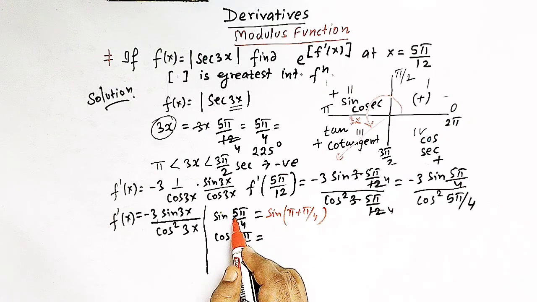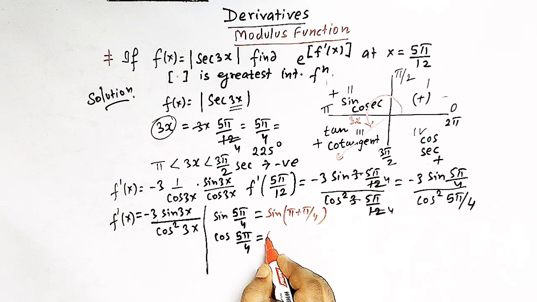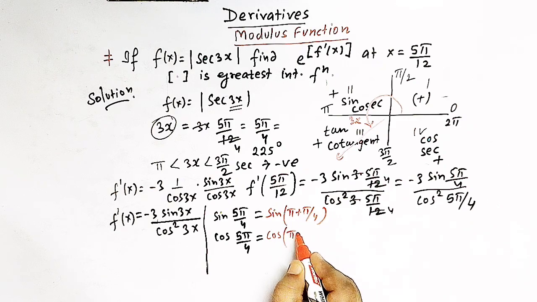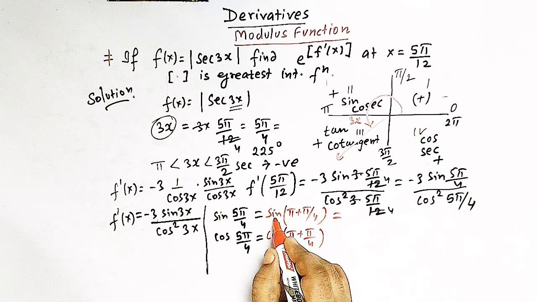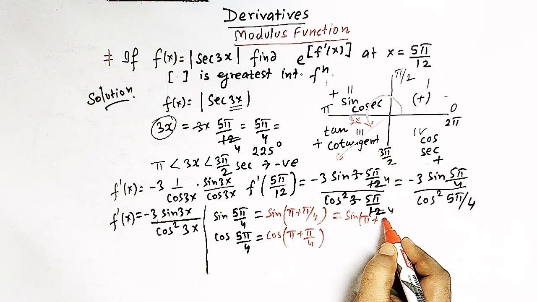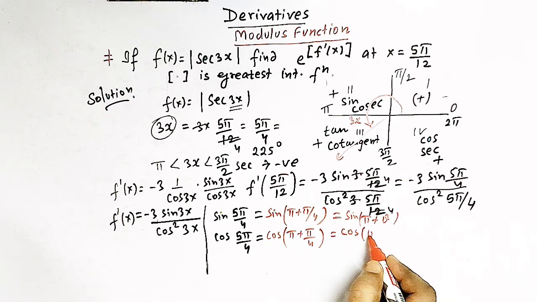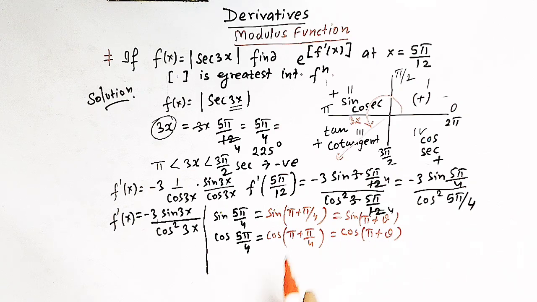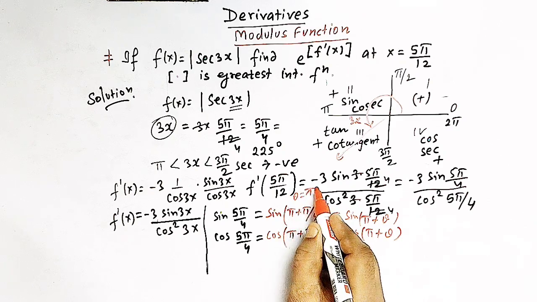So we can split 5 pi by 4 as pi plus pi by 4, and similarly here we can write pi plus pi by 4. So here we have sine pi plus theta, and here also we have cos pi plus theta, right, where theta is given by pi by 4.